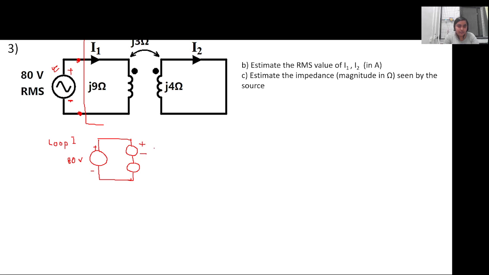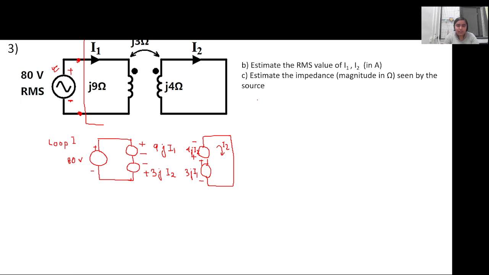In this case, there will be a voltage drop because of self-inductance, 9j I1, and because of mutual inductance, it will be 3j I2. In the second loop, I2 is flowing like this, so the self-inductance is 4j I2 and the mutual term is the reverse, 3j I1.